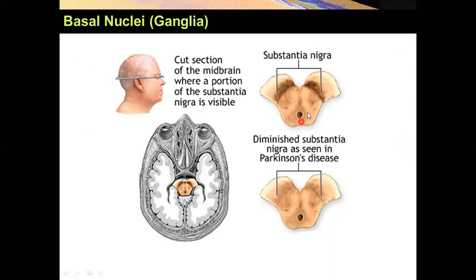This is the normal Substantia nigra. But in certain neurological diseases like Parkinson's disease, the neurons producing dopamine die out. So you see in here, there is a diminished Substantia nigra, mainly the dopaminergic neurons.